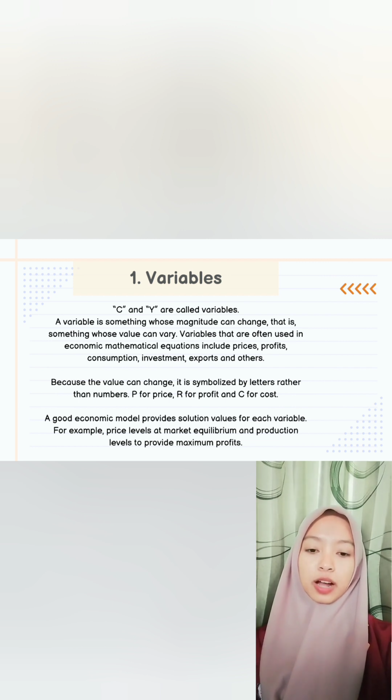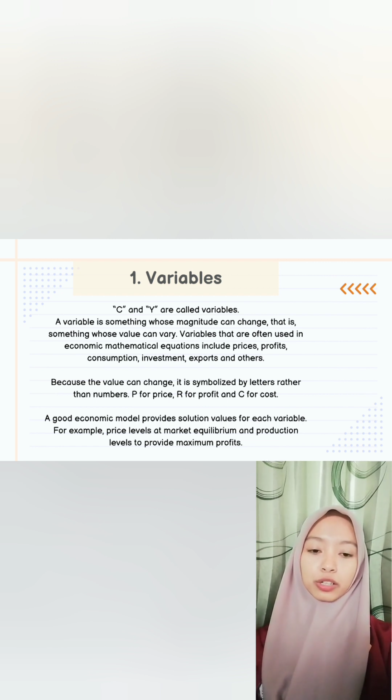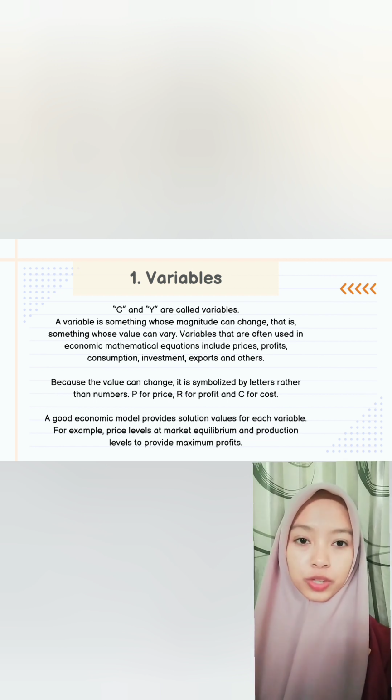Variables that are often used in economic mathematical equations include price, profits, consumption, investment, export, and others. Because the value can change, it is symbolized by letters rather than numbers: P for price, P for profit, R for revenue, and C for cost.